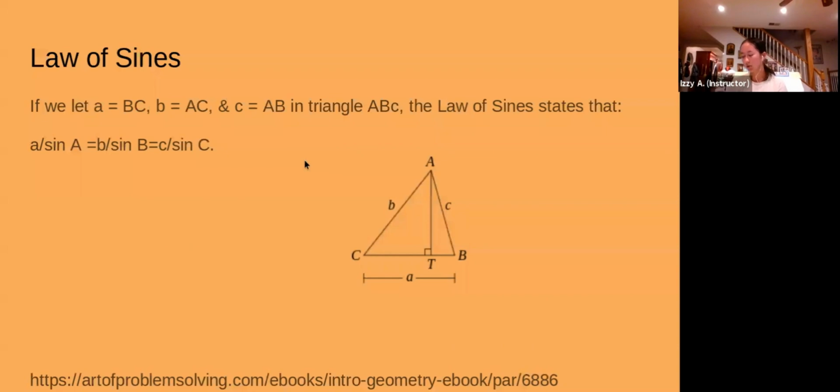And this is actually very useful when you know an angle and its opposite side, and then you know another angle or another side, but you don't know the other angle or side. You can use law of sines to figure out what that one missing value is. And we're actually going to use law of sines in the next problem.